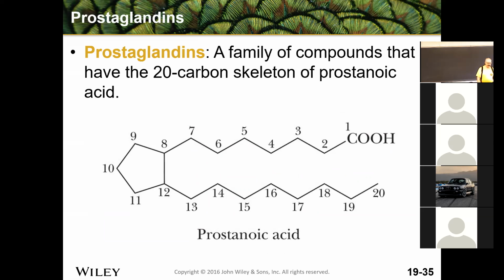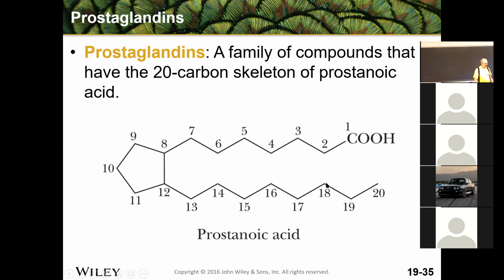All right, another class of lipids is called the prostaglandins. Okay, this family of compounds consists of a 5-membered ring, and the prostaglandins are 20 carbons. You have a 5-carbon ring, and then you have 2 long chains on adjacent carbons of the ring.